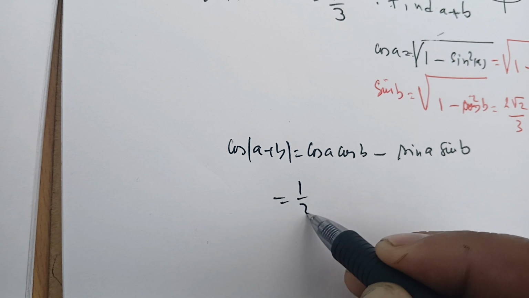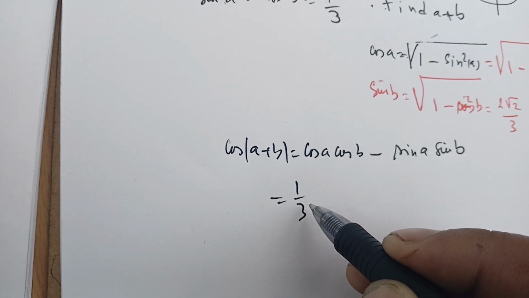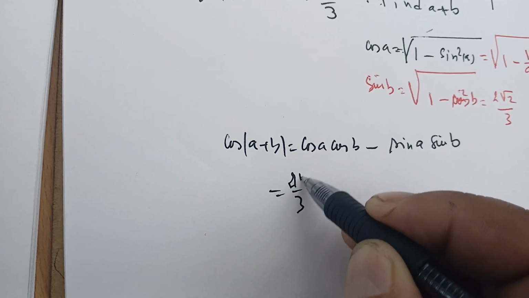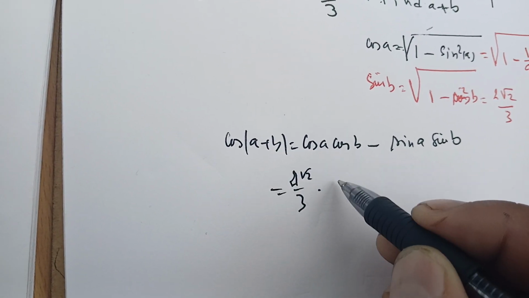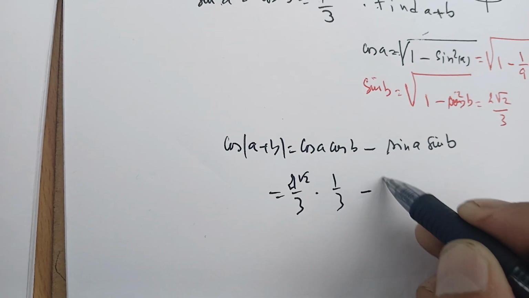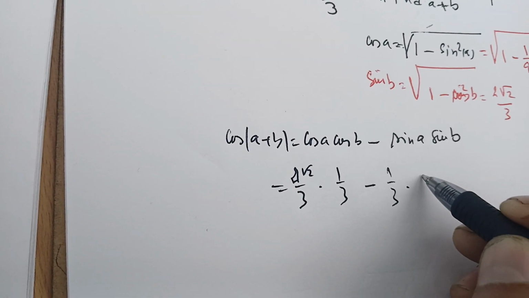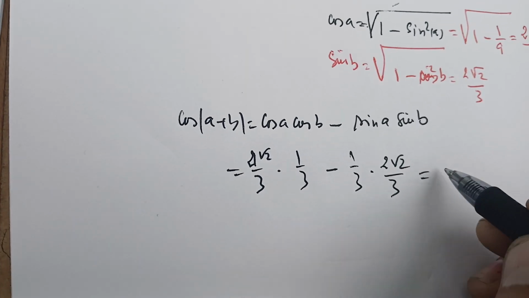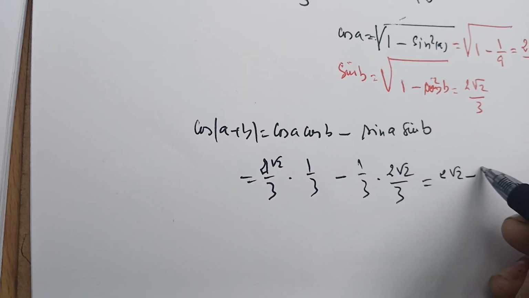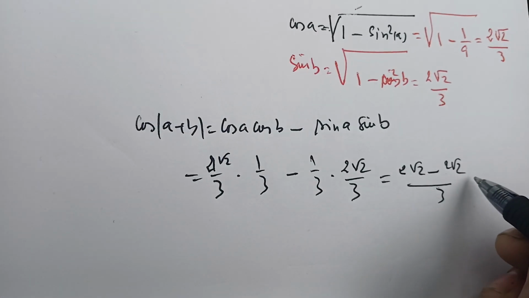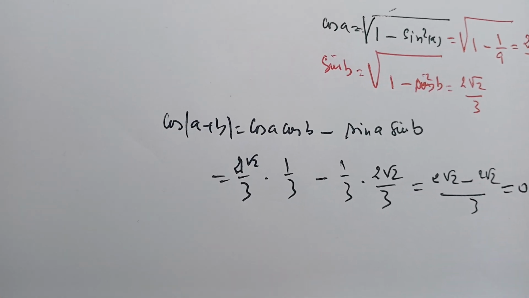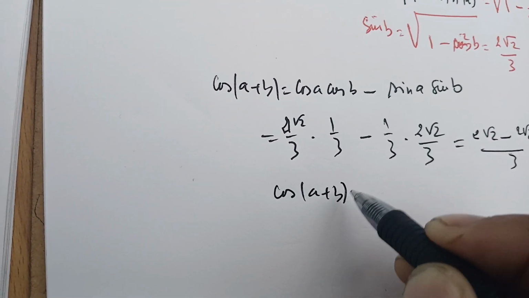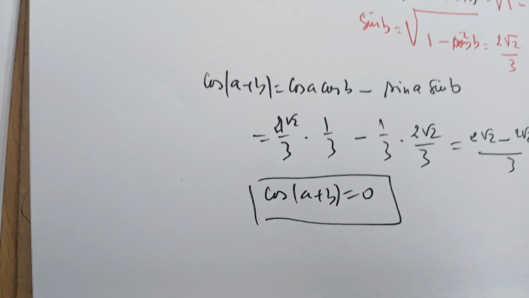The cosine of A is 2 square root of 2 over 3, and the cosine of B is 1/3, minus the sine of A, which is 1/3, times the sine of B, which is 2 square root of 2 over 3. So here we have 2 square root of 2 over 9 minus 2 square root of 2 over 9, which is 0. So we get that the cosine of A plus B is 0.